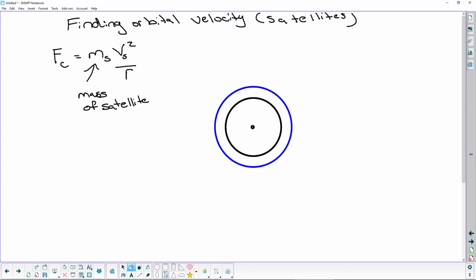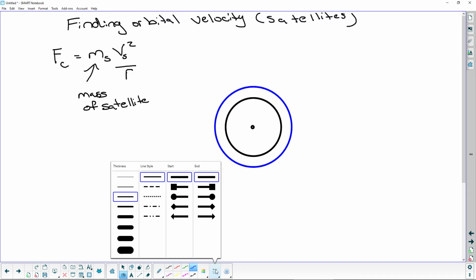So here's our satellite. Let's draw it in blue here.